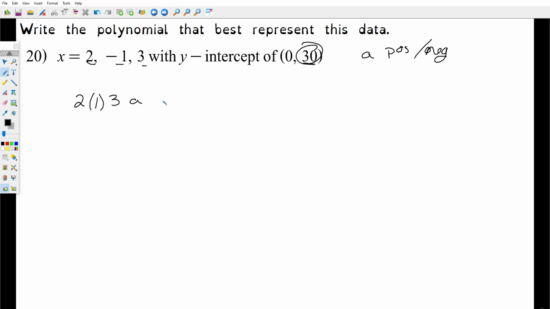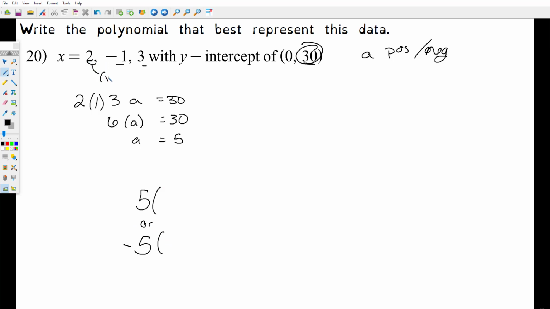So what do I need to multiply it by to get to 30? And so 6 times a equals 30, so a has to equal 5. So that tells us our front number is 5. You could have also done this as -5. We don't have enough information to decide which one it is.